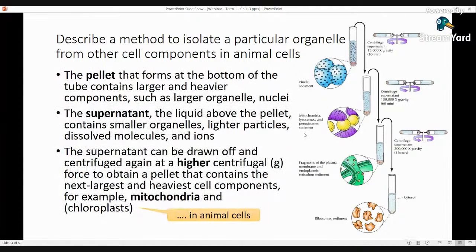The pellet formed at the bottom of the tube contains larger and heavier components such as nuclei. The supernatant, the liquid above the pellet, contains the smaller organelles and cellular components. The supernatant can be centrifuged again at a higher centrifugal force to obtain a pellet which contains smaller cell components.